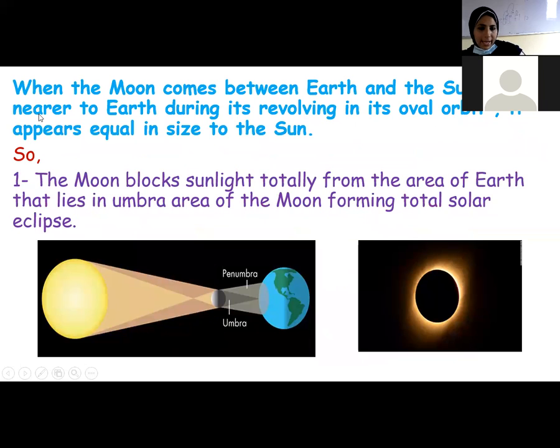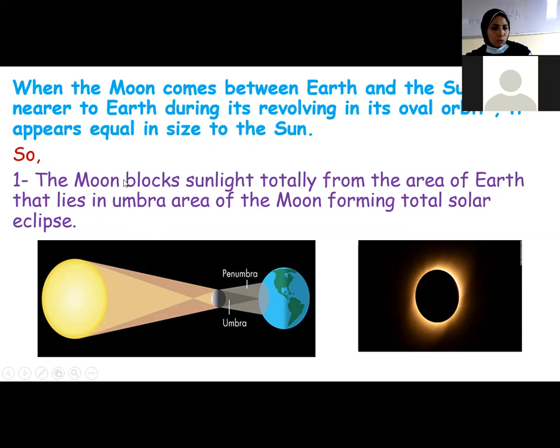So when the moon comes between the earth and the sun, but nearer to the earth, there are two types of shadow: umbra and penumbra.